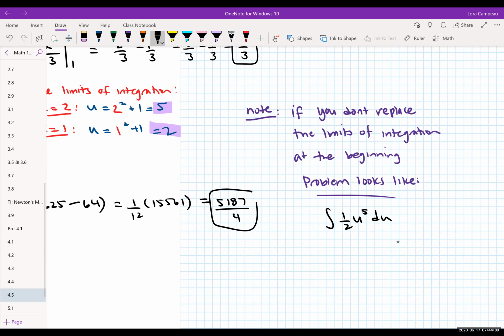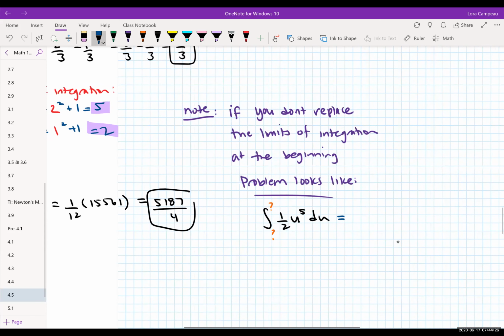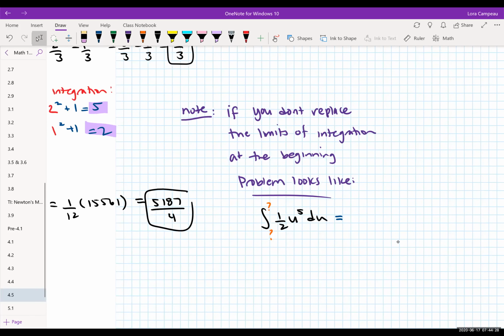So what you could do at this point, remember, don't write the limits of integration down there in terms of x, so that would be incorrect. You could evaluate it as if it were an indefinite integral. Okay, so if you did that, we'd have 1/2 u to the 6th over 6 plus c, because it's indefinite at this time.